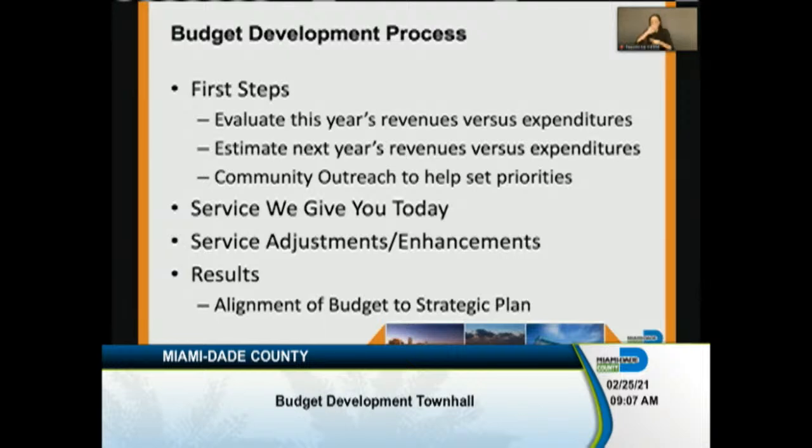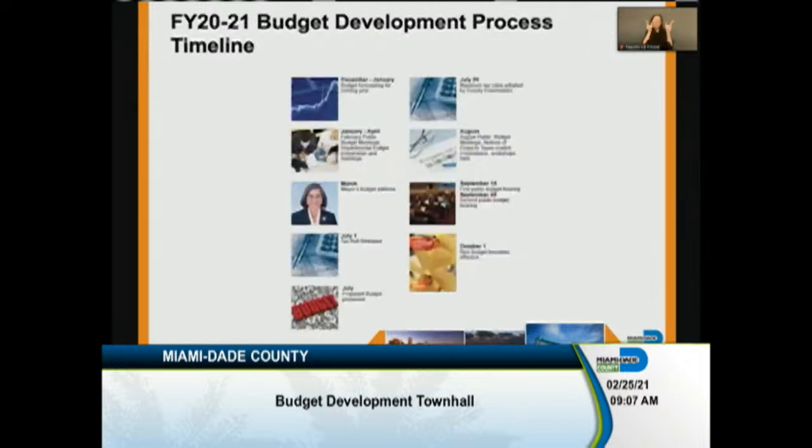This year, we are reaching out earlier to ensure we hear from our residents as we formulate our next year's budget. The process timeline. As I previously mentioned, the budget process begins with estimating the revenues and expenditures for the next year.